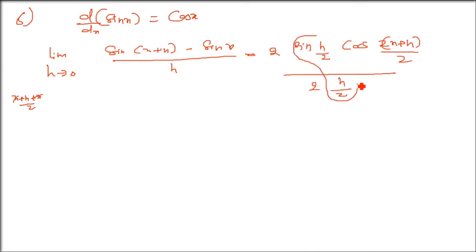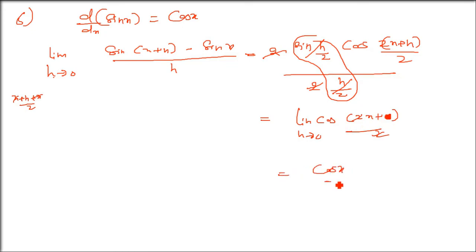When you apply the limit, sin theta by theta, limit theta tends to 0, is 1. So this goes 1, 2 gets cancelled. Only cos of (2x plus h) by 2 remains. Now apply the limit again: h becomes 0, 2 gets cancelled because it is 2x by 2. So only cos x will come. Sin x differentiation is cos x.